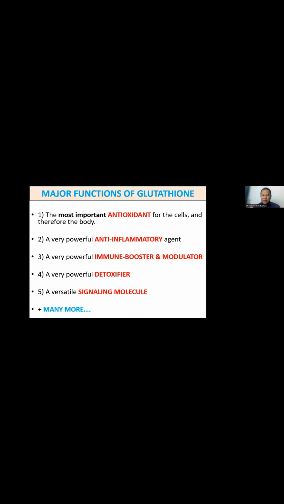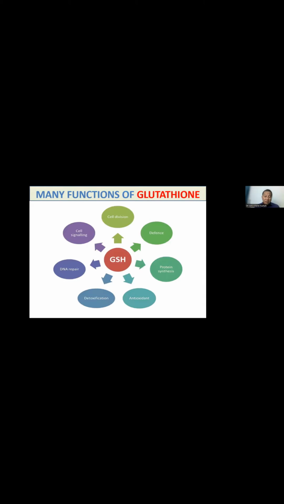But for this session, we'll be talking a lot more on its antioxidant and anti-inflammatory functions. Among its other functions include its role in DNA repair, in cell division, in protein synthesis, and more are being discovered.